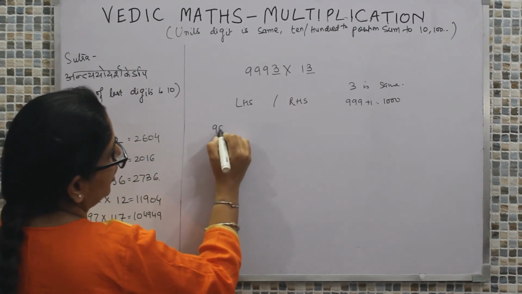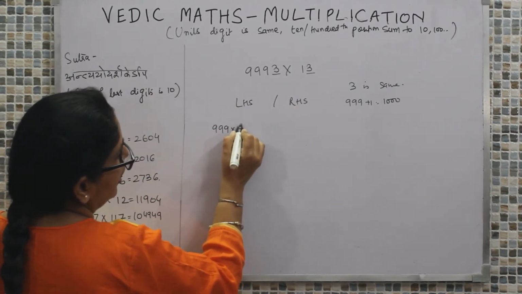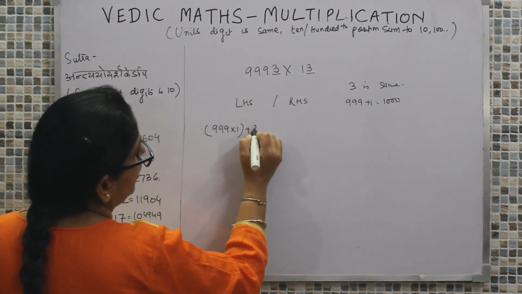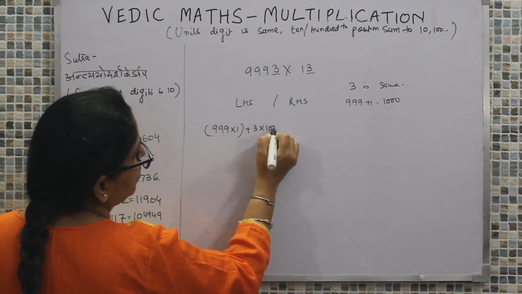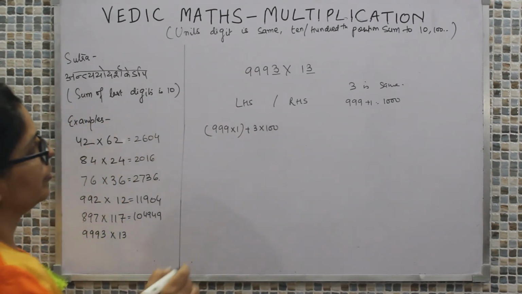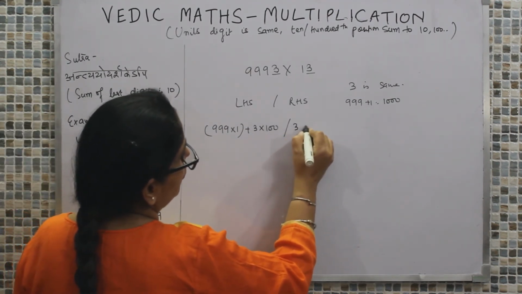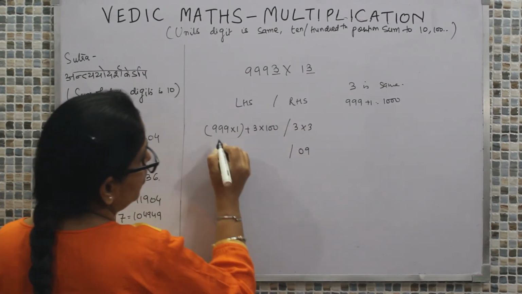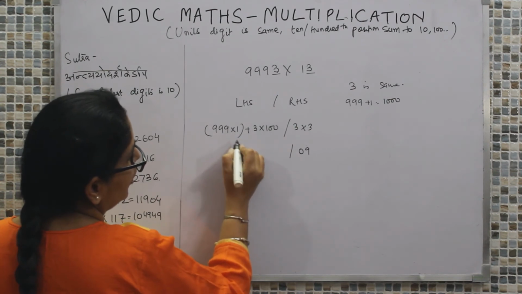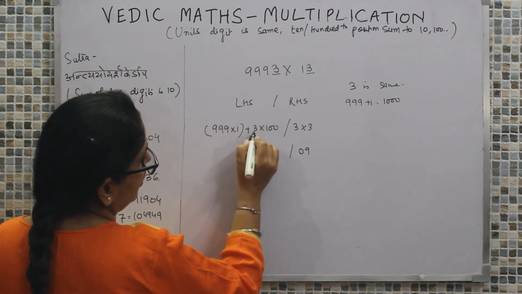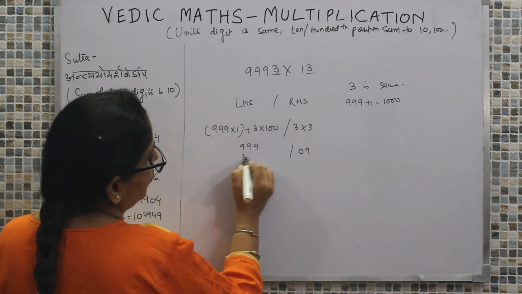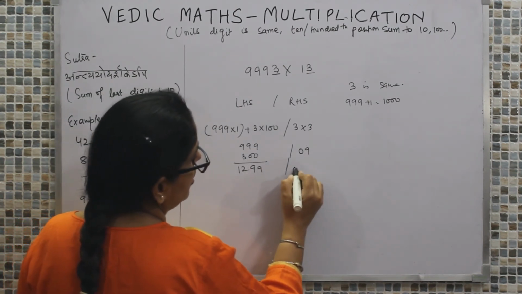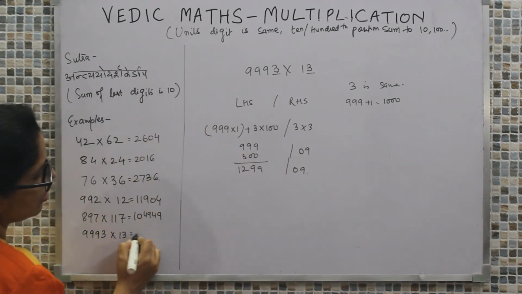LHS will be 999 into 1 plus, we have 3 over here. Now 3 has to be multiplied by 100. Next 3 into 3, we need to retain 2 places over here, so it has to be written as 09. 999 into 1 will be 999 plus 300, so that will be 129909.